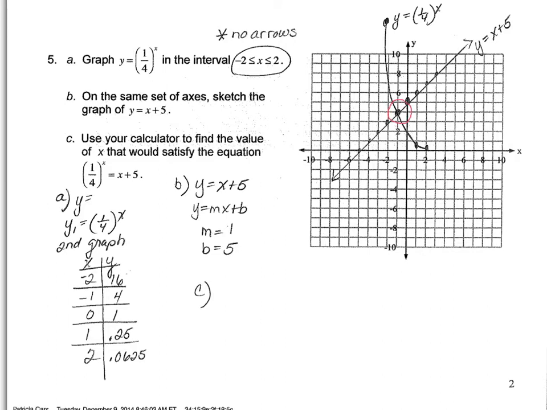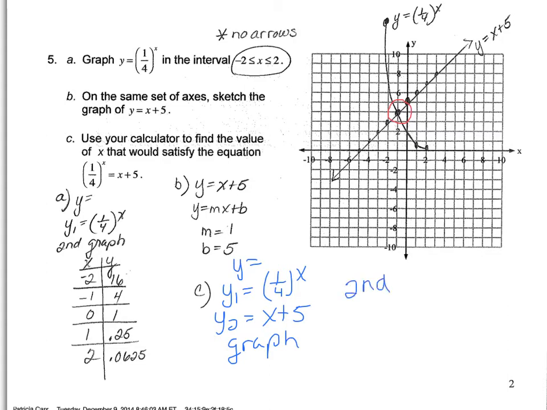And I know what it is, but they told me to use the graphing calculator, which means they want me to show the steps. So if I was to use a graphing calculator to find the point of intersection, I would go y equals, and in y1 I'd plug in 1/4 raised to the x. In y2 I would plug in x plus 5, and I would then hit the graph button, and then go second trace, and we would choose number 5 for intersect.